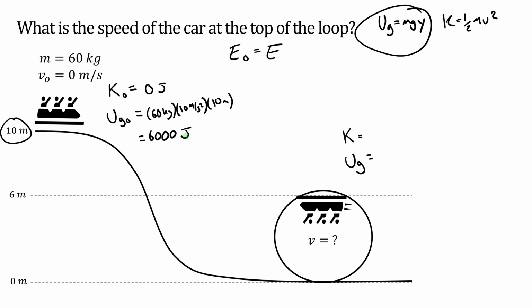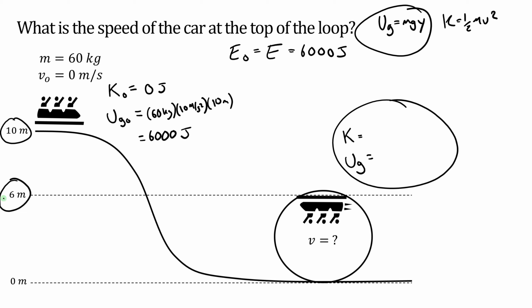Okay, so what does that tell me? Well, that tells me that 0 plus 6,000, that's the total energy. Right? It's going to be 6,000 joules no matter where I'm at. And I know that whatever these two numbers are, they have to add up to 6,000 joules. So let's figure out that number. The 6 meter height that you're at here, I can use that to find the potential energy.